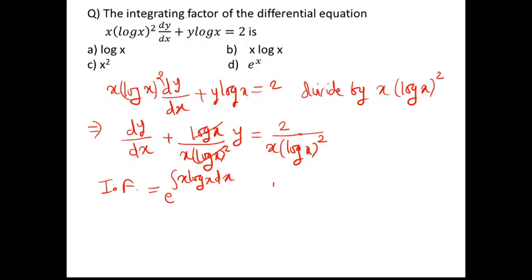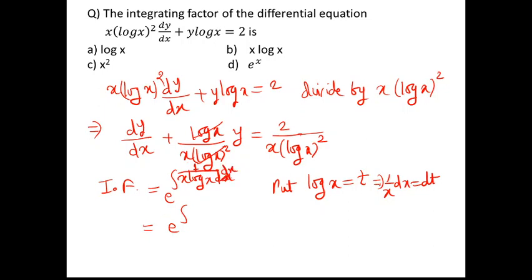So how to integrate this? We can simplify this by using the substitution log x is equal to, say, t. Differentiating this, we get 1 by x dx is equal to dt. So this gives me e raised to the power integration of 1 by x dx, sorry, here I forgot to write, so 1 by (x log x) dx.